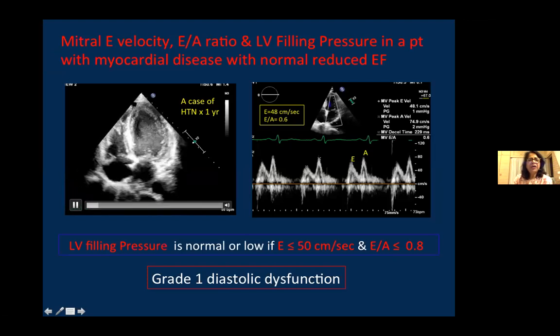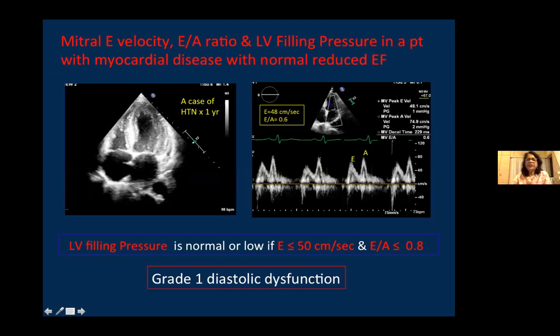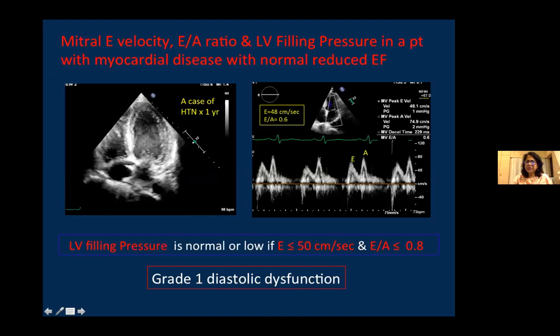He has been treated for hypertension, and we get a pulse wave Doppler of the mitral inflow. We see that E is less than A, where E wave velocity is 48 centimeter per second, and EA ratio is 0.6.